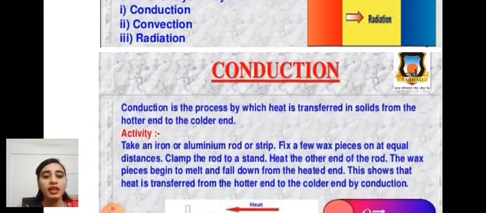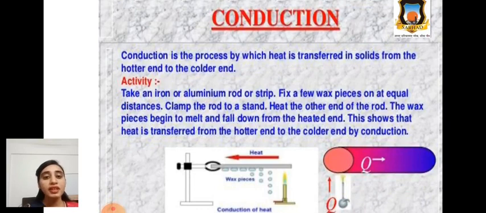Okay, so let us proceed with our next topic, conduction. Conduction is a process by which heat is transferred in solid form from the hotter end to the colder end.